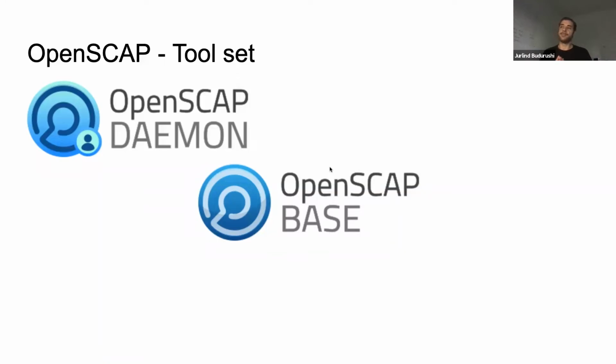Imagine you would use the OpenSCAP base in a one-time or manual approach. But imagine your infrastructure contains more machines running all the time, 24/7, and you would like to have something automated. So there is a tool you could use for it: go for the OpenSCAP daemon and install it, and the core behind it is the OpenSCAP base.